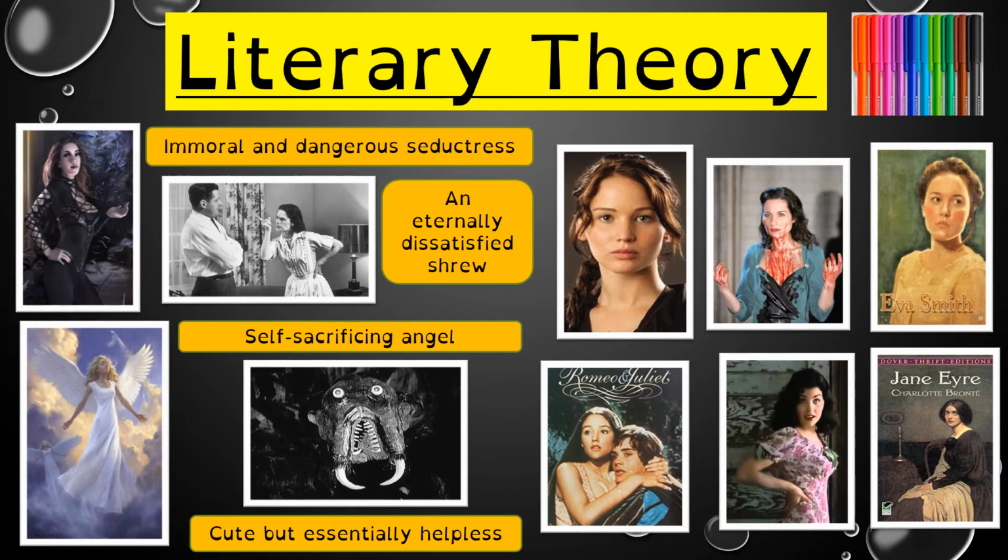And then at the top left, we've got Katniss Everdeen from the Hunger Games. She's perhaps a difficult one to place because she's supposed to come across as quite a strong, independent female. And I'm not saying that you can't read the text in that way, of course you can. But perhaps we can also say that she's not as strong as we first think.